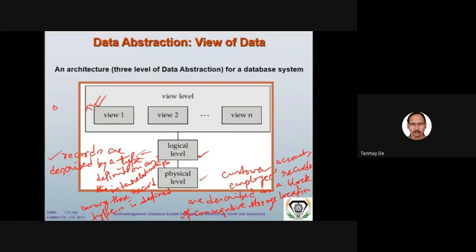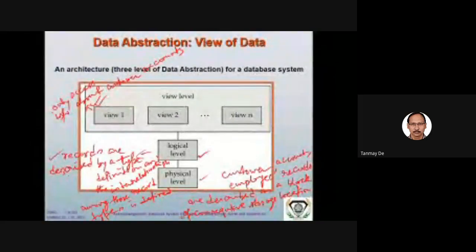Only access information about, say, customer accounts. Say this is one of the tellers.